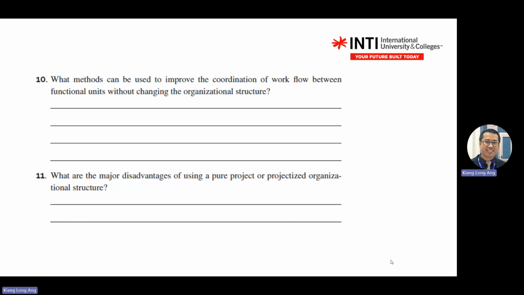How do you improve the coordination between these three business units? How do you make sure finance communicates with the other departments?